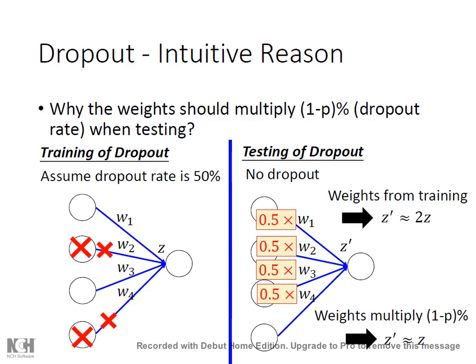Then in training, you see your code, you will calculate just by using W1 and W3, right? So the only weights you can adjust are W1 and W3, and your total error has to be spread just to 2 neurons, right?